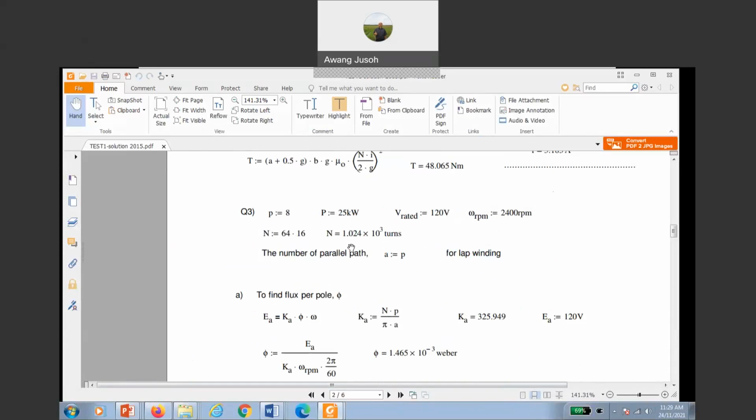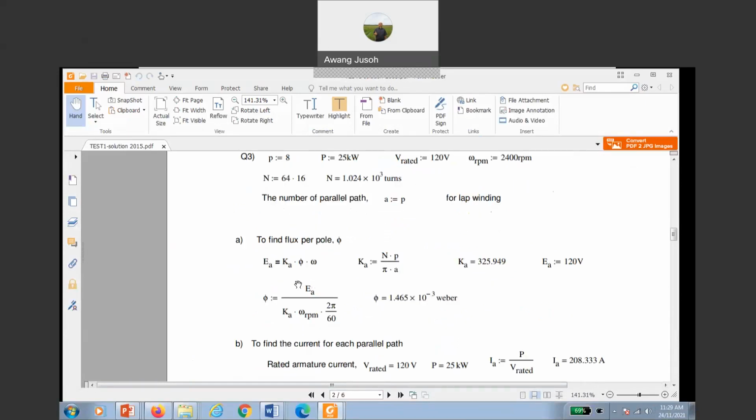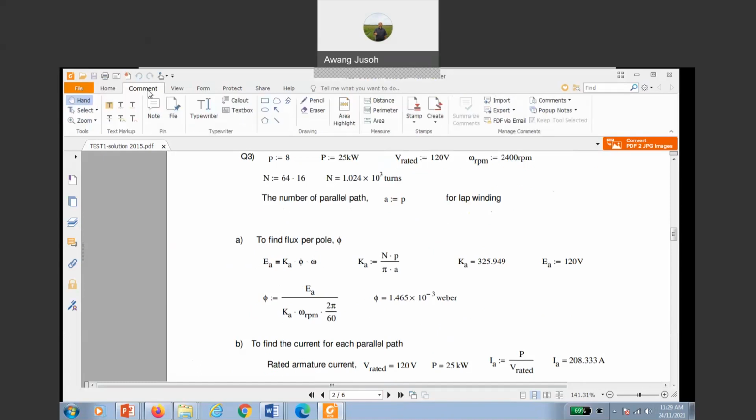Okay, and then find the flux per pole. So the flux per pole can be given by this formula. This is the basic formula for the generator, right? We know Ka equals N P over pi A, and we know already 1024 is the product of 64 and 16.